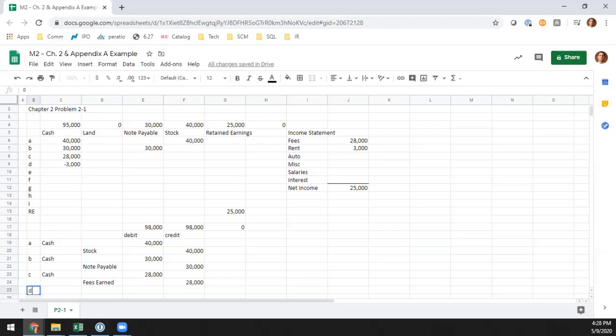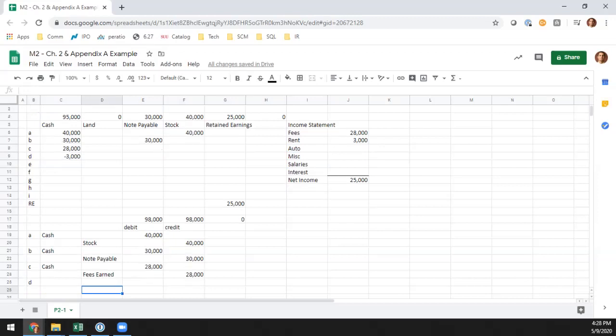And if we come down here, we paid rent on office. So we paid cash. Cash is an asset, and we decreased it. Cash decreases with a credit. So we're going to put a credit for cash. And paid rent.